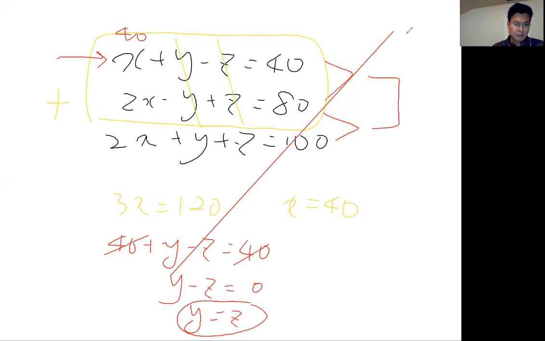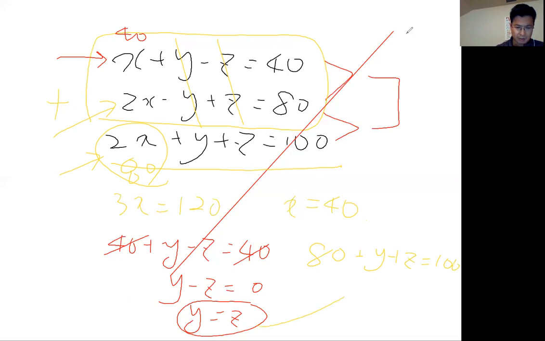And then let's put that into another equation, maybe the third one. So 2 times 40 is 80, so 80 plus y plus z equals 100.